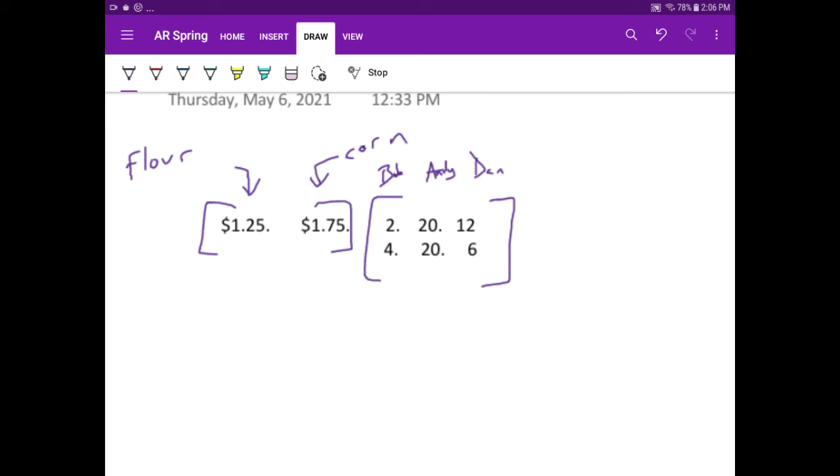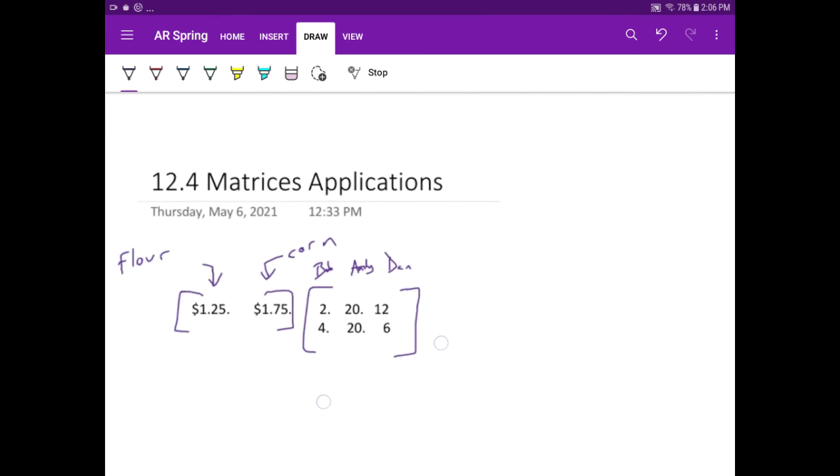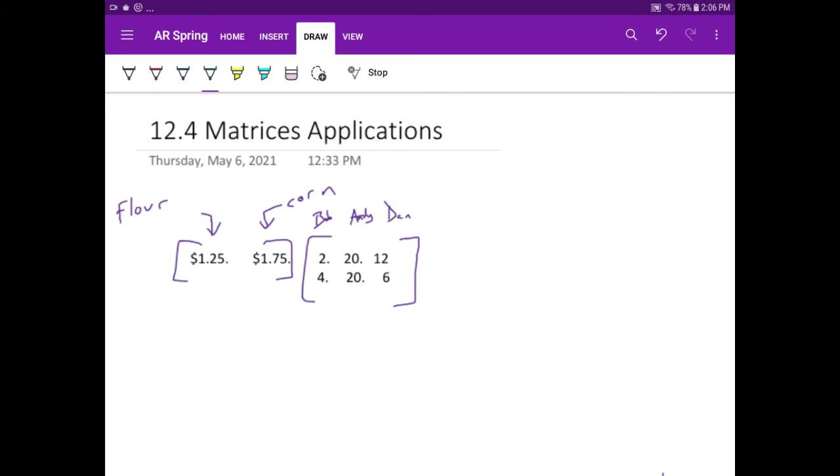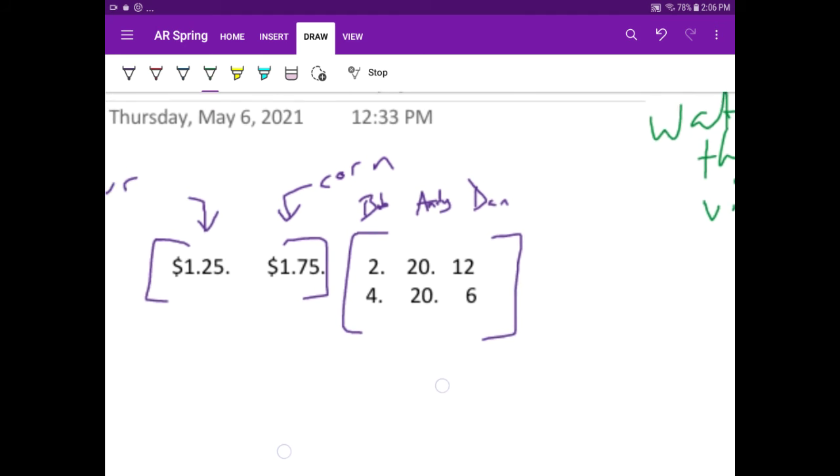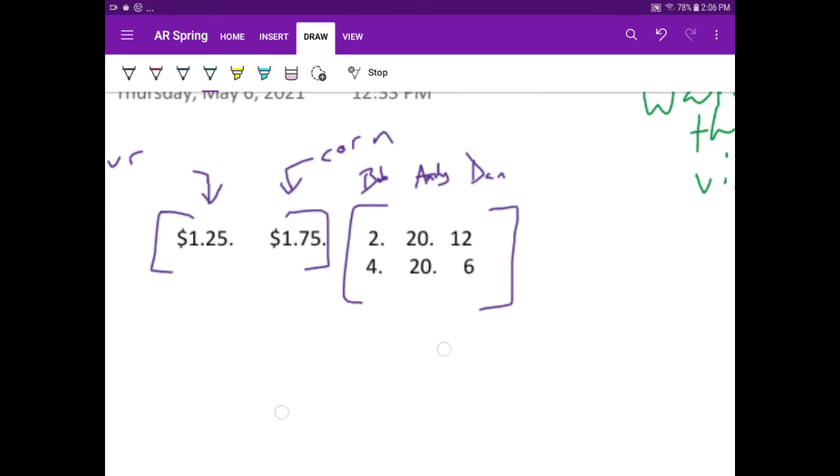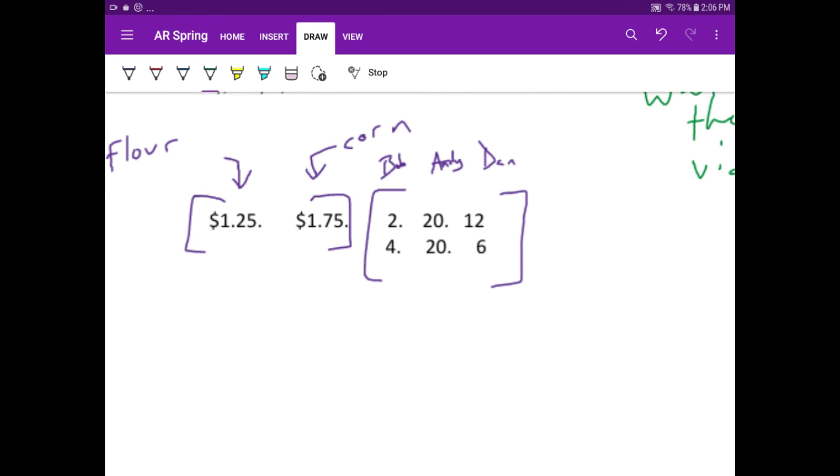So you're probably going to watch the video for this, because I'm explaining things. So what's going on here is that Bob gets 2 flour tacos, and then he gets 4 corn tacos. So yeah, I guess all the meats are the same.